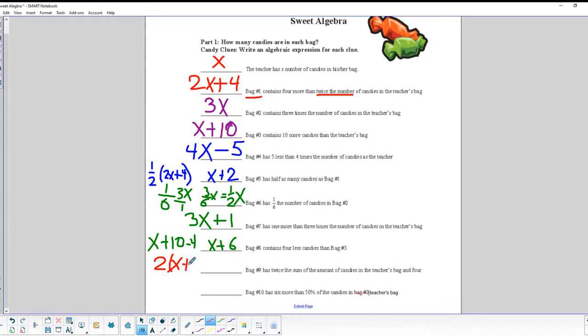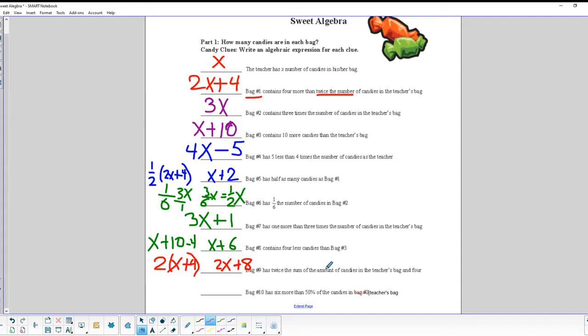So 2 times (x plus 4). And so that's what that would look like. Now we could simplify that by saying 2 times x, which is 2x, and 2 times 4, which is 8. So that expression describes how many candies are in bag number 9.